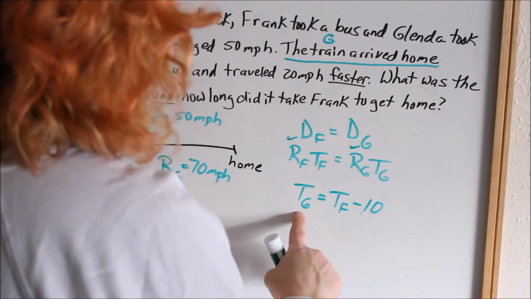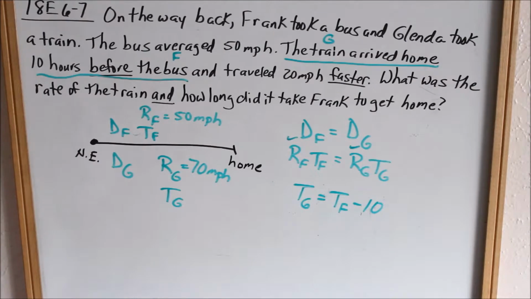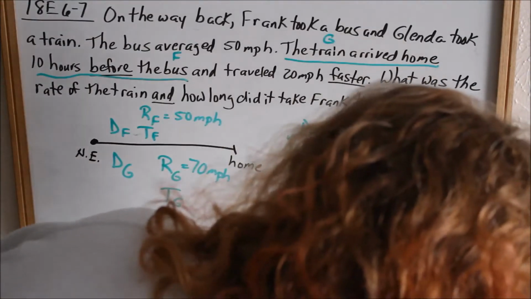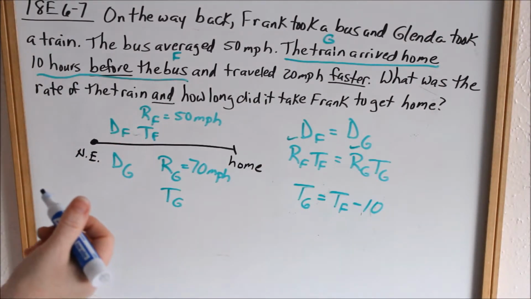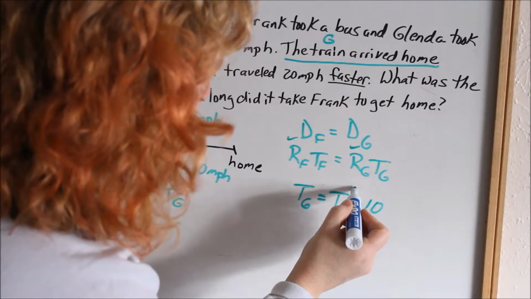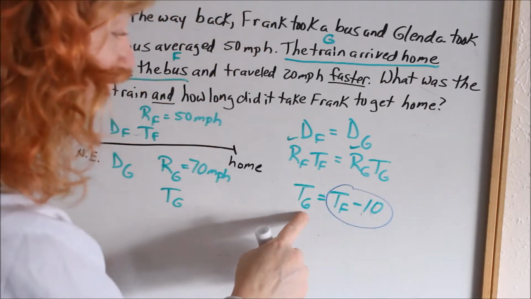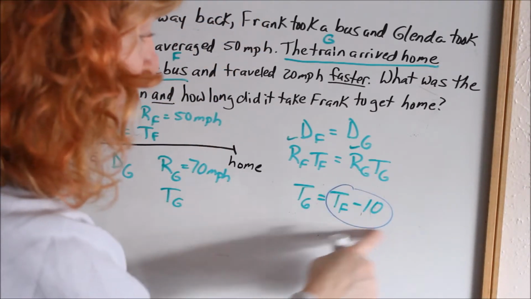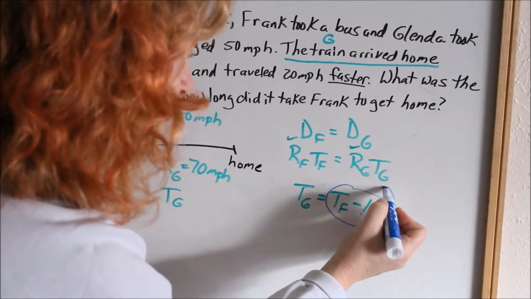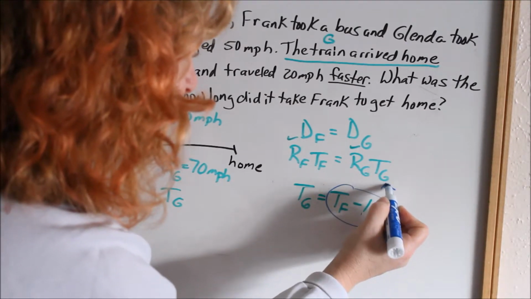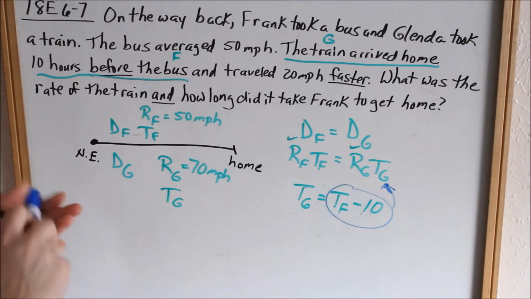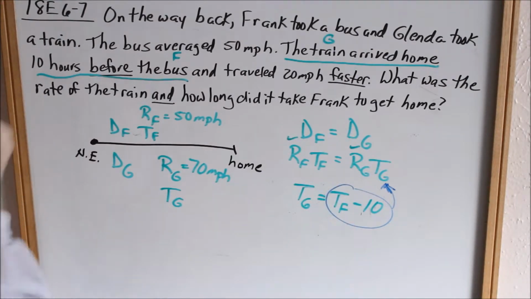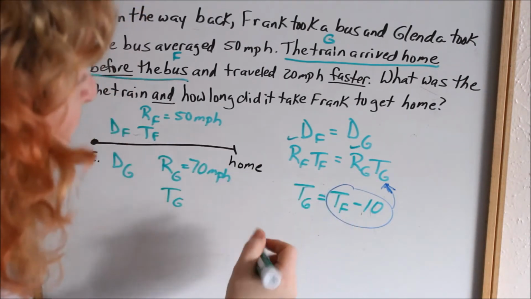So yes, Glenda's time is shorter. Okay? Now that we have that equation, we have two equations and two unknowns, and so we can use substitution to solve this. If we're told that Glenda's time equals this, we can take this and put it in right there for T for Glenda's time.